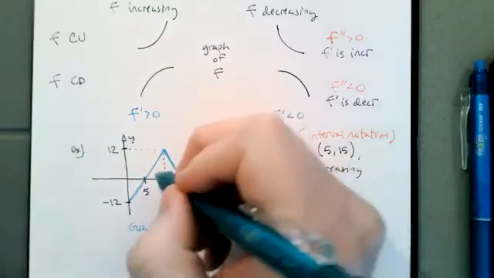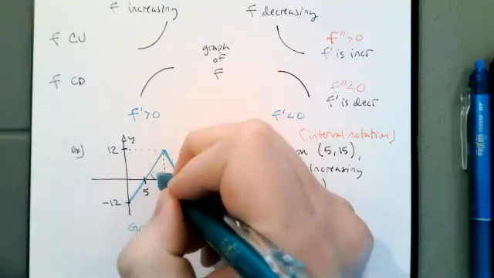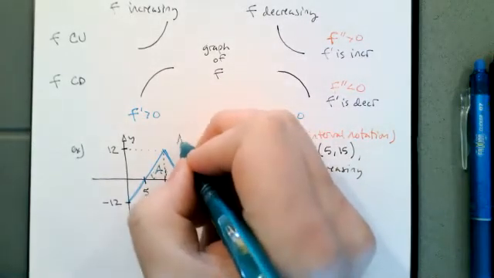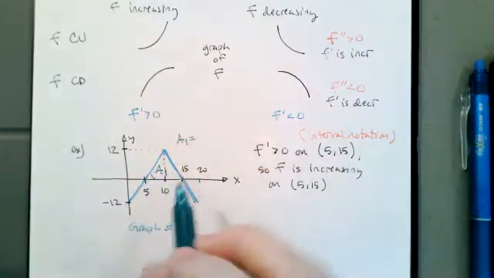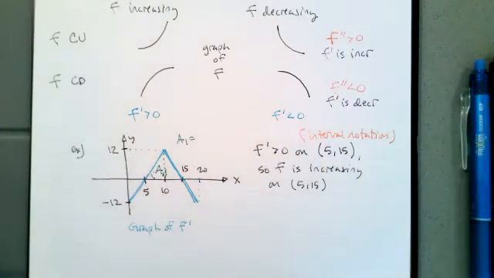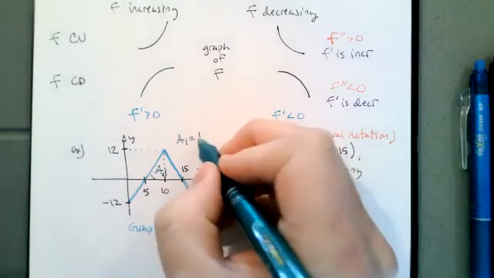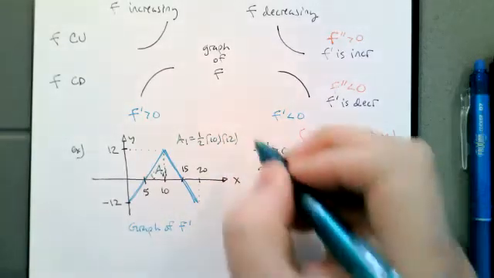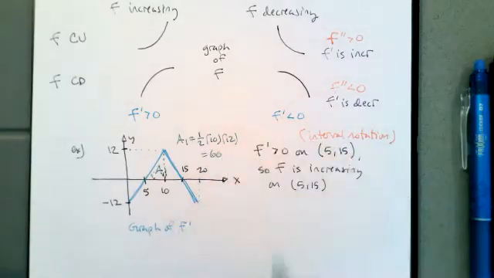So this area in here, I'm just going to call it A1. That's just a triangle, so I'll do 1/2 base times height. Base is 10, height is 12. So moreover, f has increased by 60 from 5 to 15.